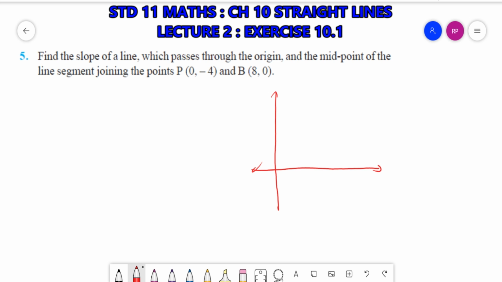P (0, minus 4), so x is 0, y is minus 4, it will be like here. We can draw it randomly. B (8, 0) means, let's say this will be the point. Okay, so it's a line segment, so no need to draw the line.